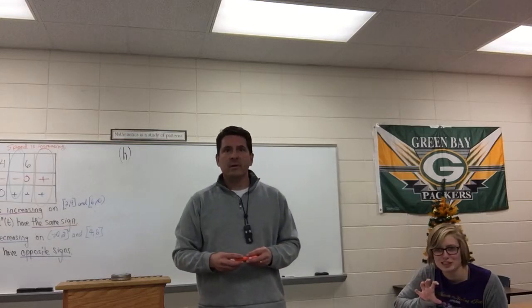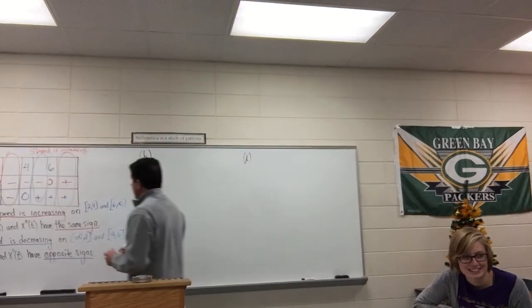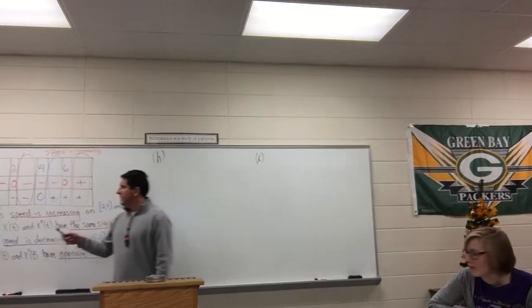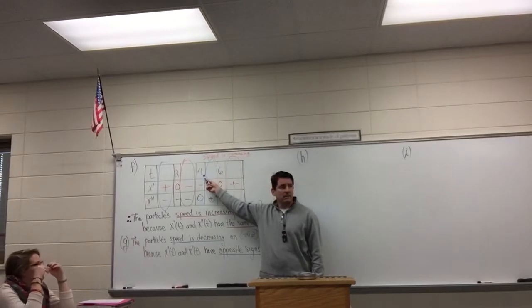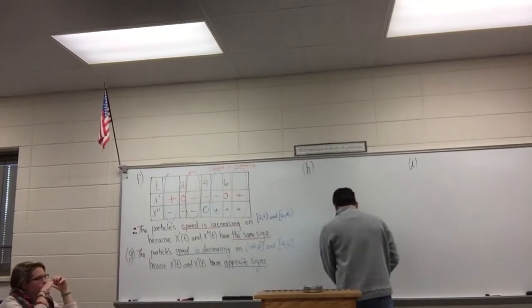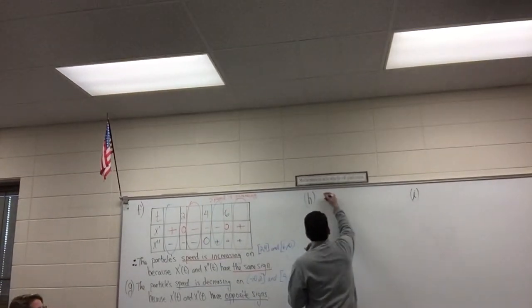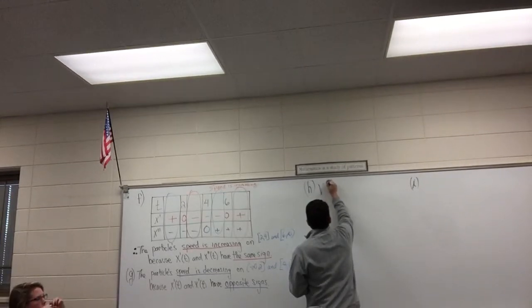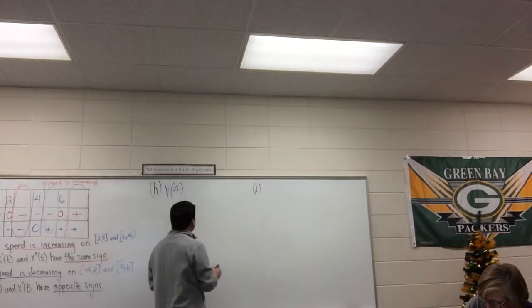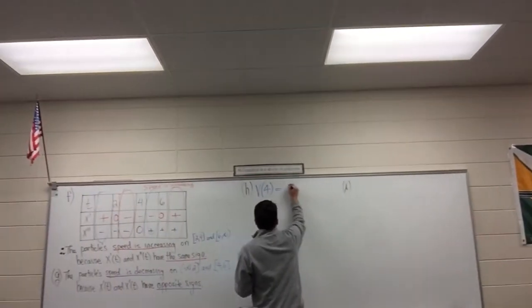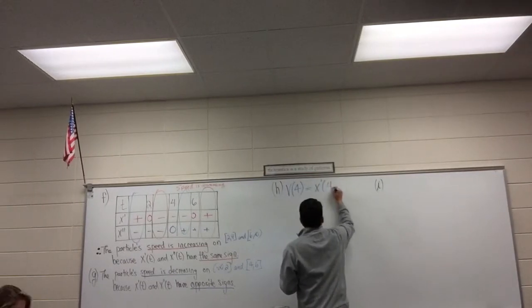Find where the acceleration is equal to 0. That's right here. That's at 4. So what this problem is asking for is v of 4. 4 is where the acceleration is 0. So this means x prime of 4.